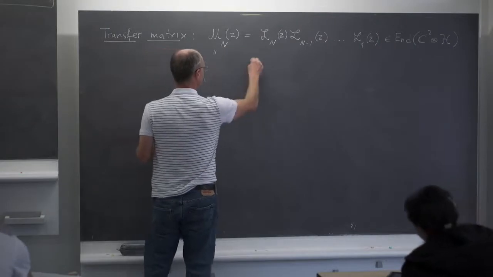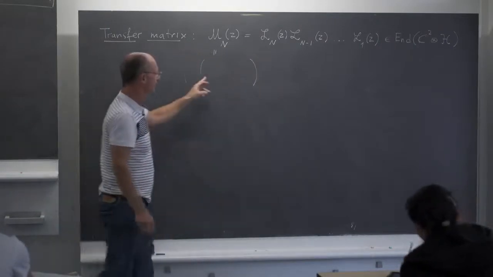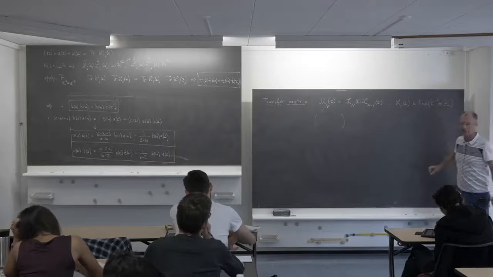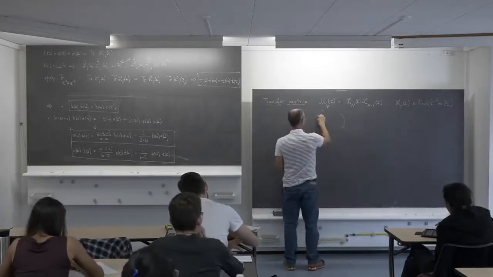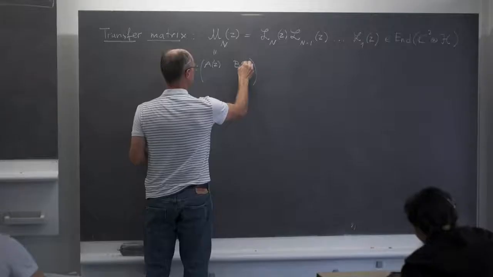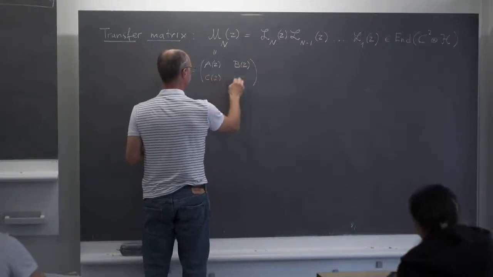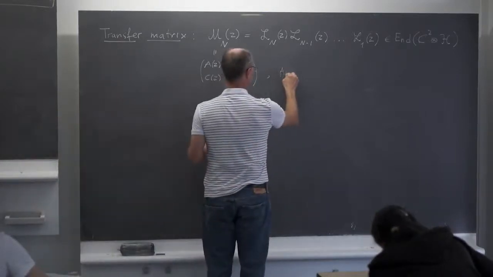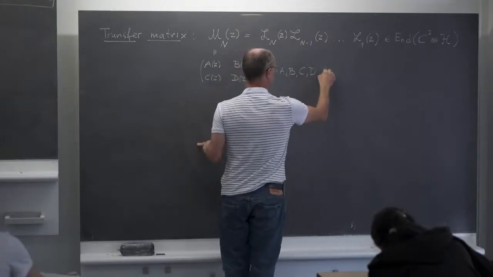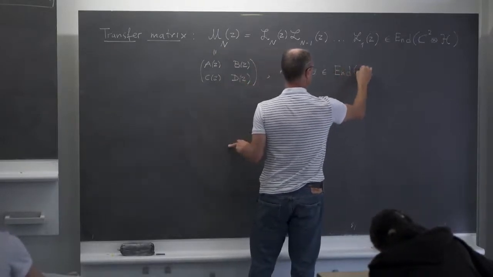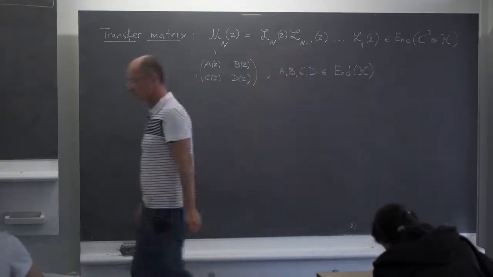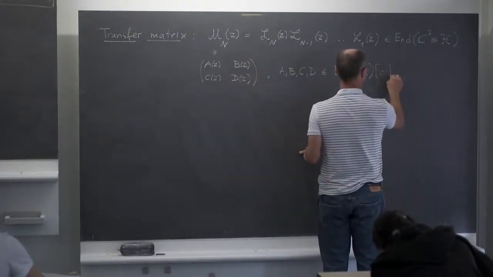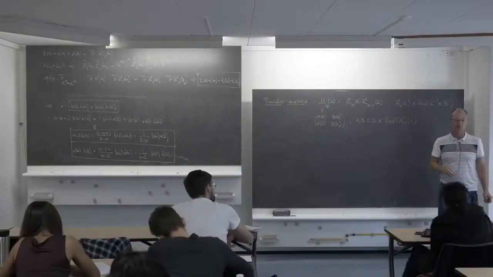And similar to the notation we used before, it will be convenient to write it as a 2x2 matrix with entries being operators on H. And I'll denote them by capital letters A, B, C, and D. So now those A, B, C, and D are endomorphisms of H, and they are polynomials in one variable.